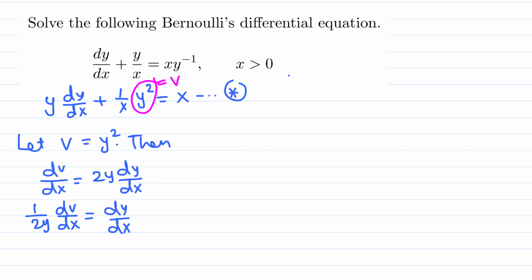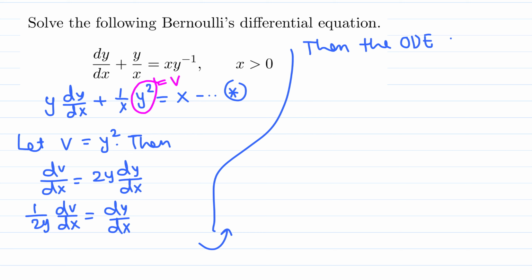Now with this substitution, the ODE star becomes y times dy over dx, which we just found is 1 over 2y dv over dx, plus 1 over x, and we assumed that to be v, equals x.